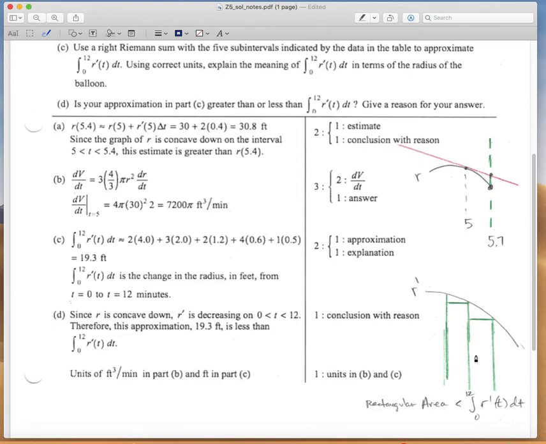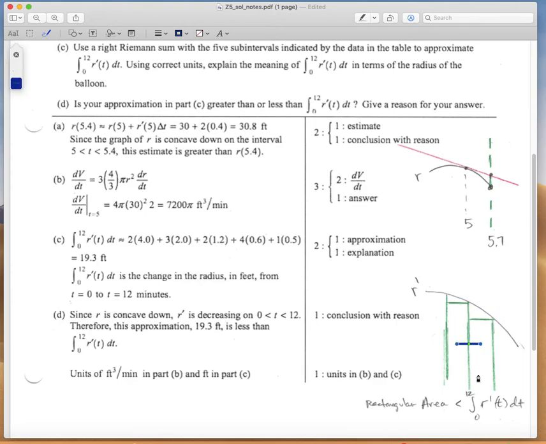And it doesn't take too many rectangles to see that if I use the right boundary for each subinterval to determine the height of the rectangle, those rectangles will always be below the curve. So this is an underestimate.